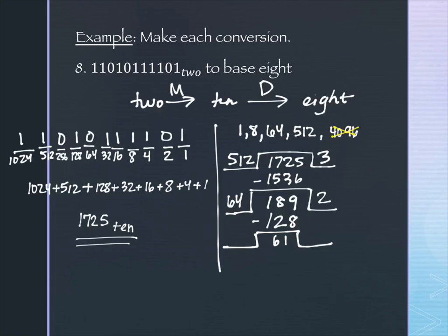Divide by 8. Well, it's not going to go in 8 times, so it must be 7, right? 7 times 8 is 56. That's one that my 9-year-old still gets frustrated with. Doesn't remember. 61 minus 56 is 5.